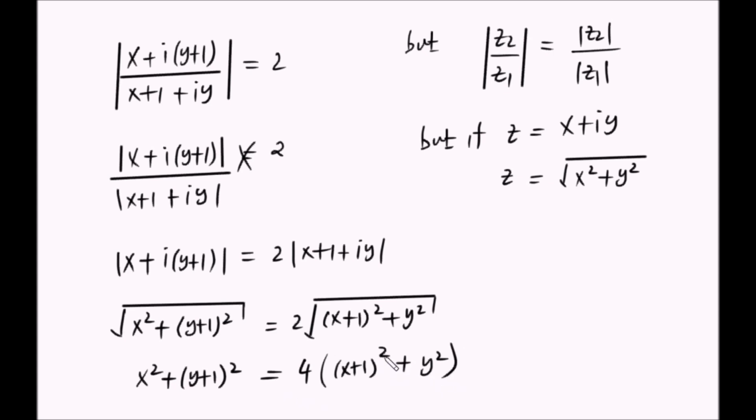So times the 4, open the brackets on this right hand side of the equation. This becomes x squared plus y plus 1 squared is the same as 4 times x plus 1 squared plus 4y squared.